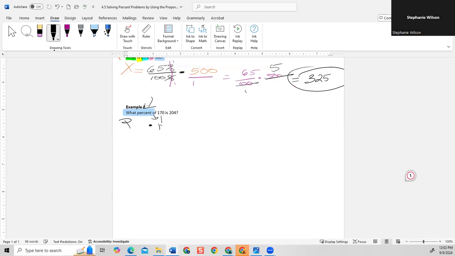And then I got 170, is means equal, and 204. Now, again, we could have set this up differently. The of told me it was B. Is is going to give me my A. So it would have been P over 100 is equal to 204 over 170. You can set it up that way.